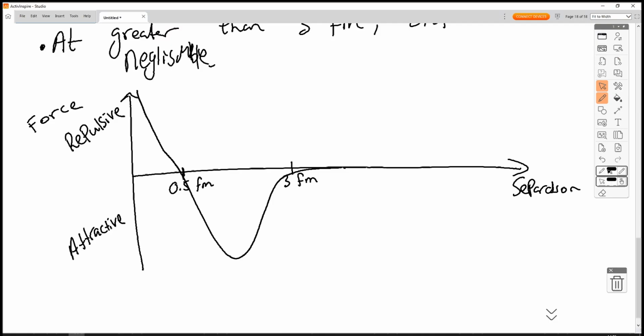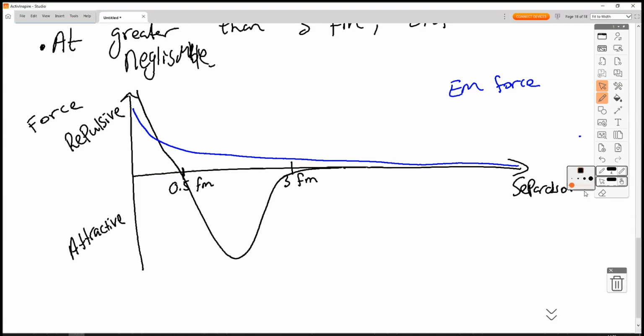Now, in a different color, I'm going to draw roughly what the electromagnetic force looks like. So the electromagnetic force would look something like that. So blue is the EM force.